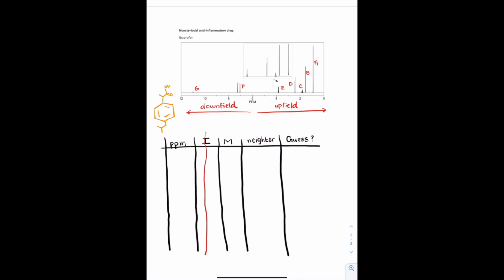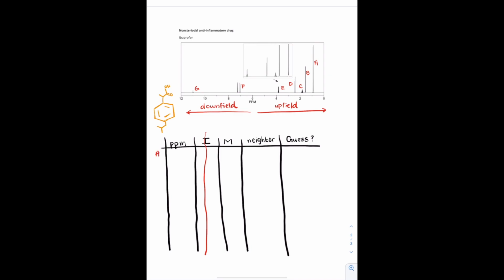So this is going to be crossed out. But once you can tell that these peaks right here are more upfield and these peaks are more downfield, it can actually assist you in figuring out where those molecules are going to be attached to each other. And a general rule is that more protons attached to each other, so more hydrogens attached to each other, are going to be seen at the peaks that are more upfield, so in this direction.